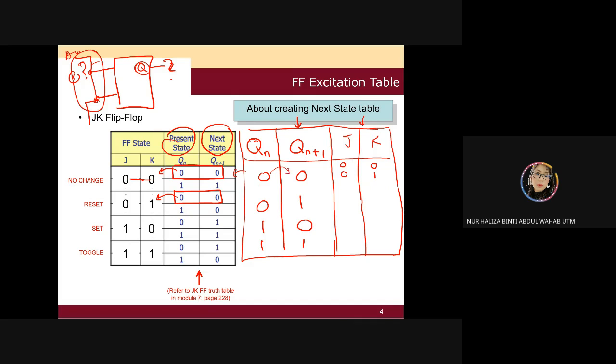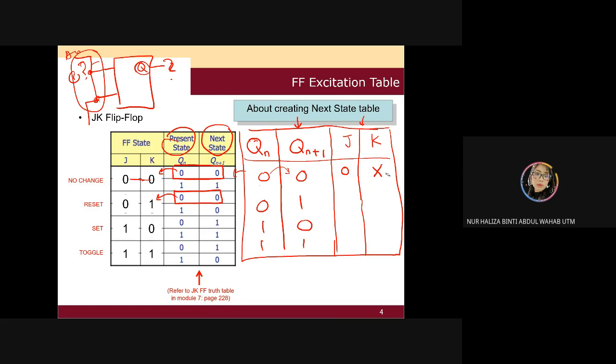Because of this, you can summarize that J is always 0, and K can be 0, it can be 1. So we assume it should be X, since we know it can be 0 or 1.